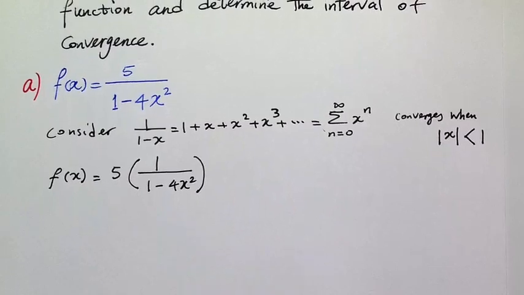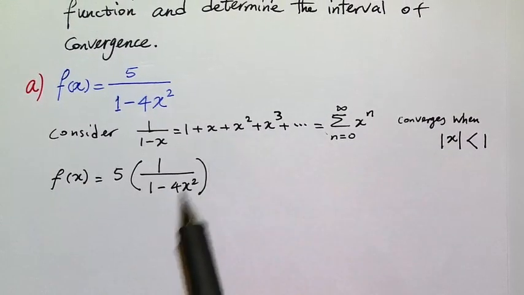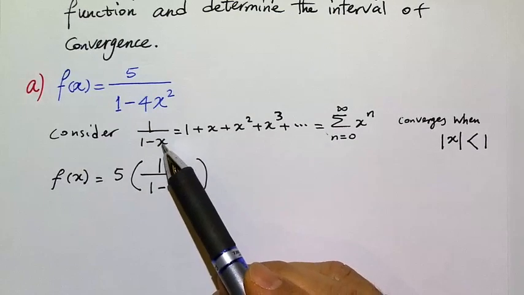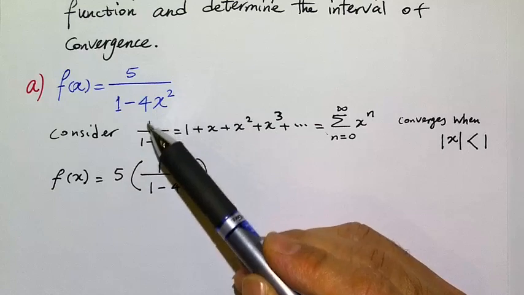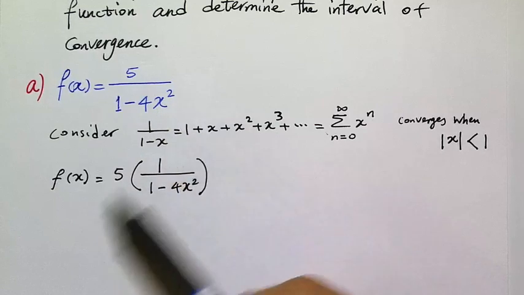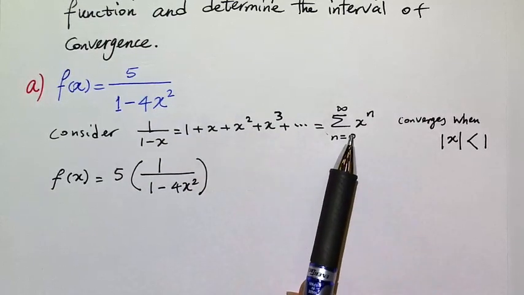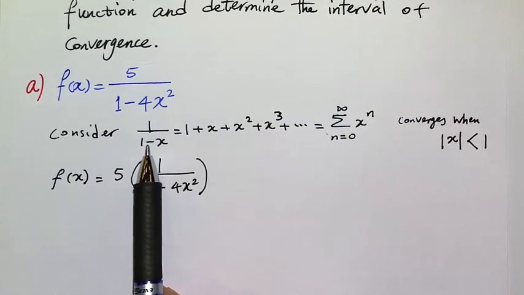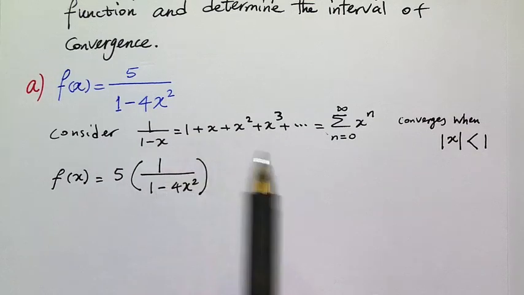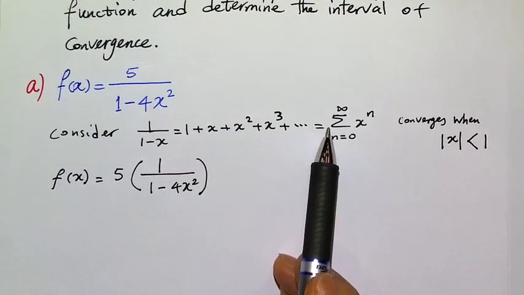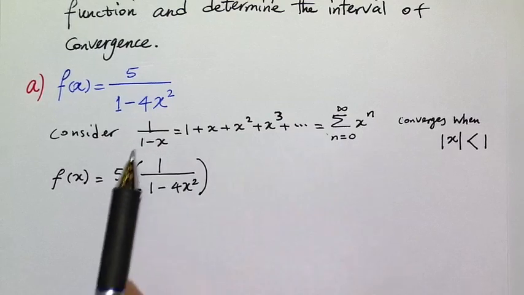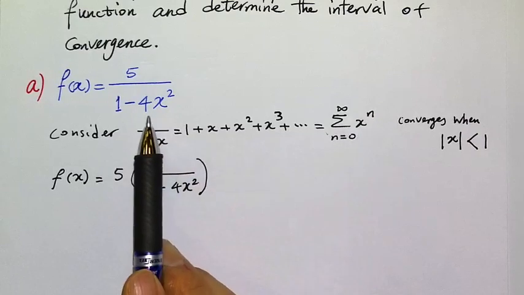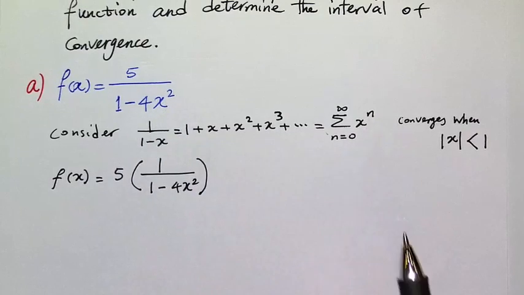Right? So now everything is the same except the x and 4x squared. These are the different terms. But this is great because now we can rewrite this power series, which represents this function, such that the 5 is going to be a factor in front, and instead of x, which ends up here to power n, we have 4x squared to the n power.